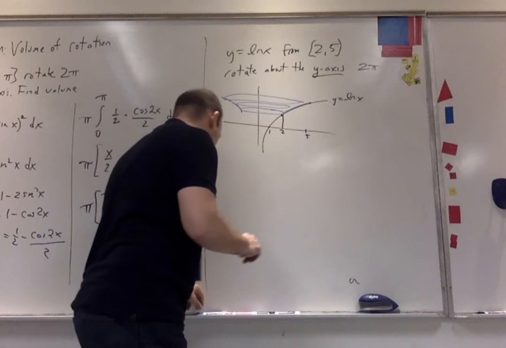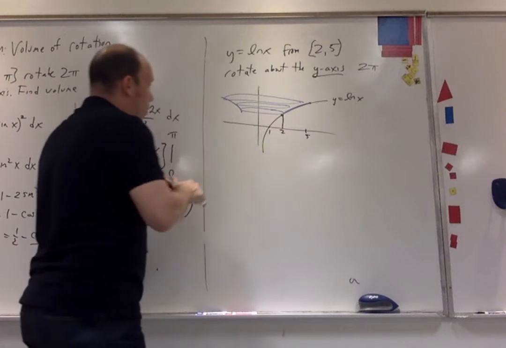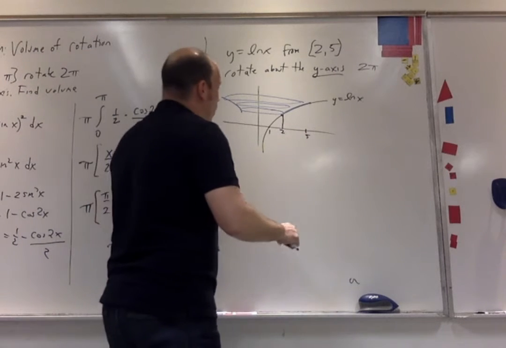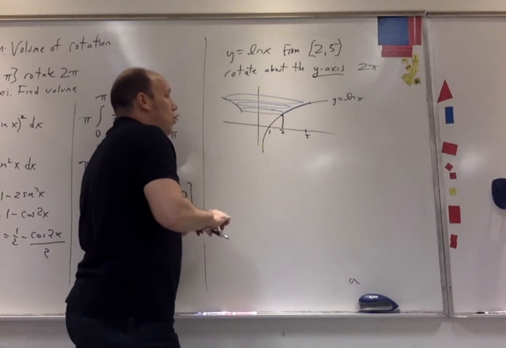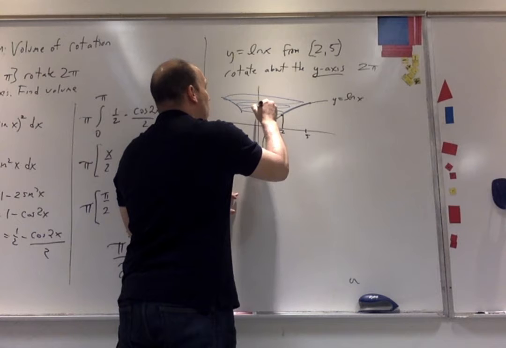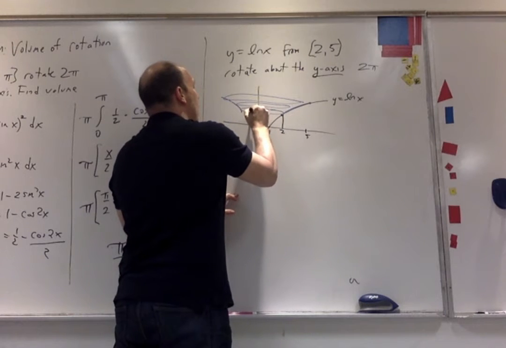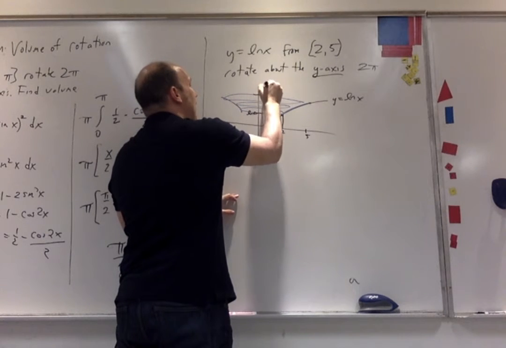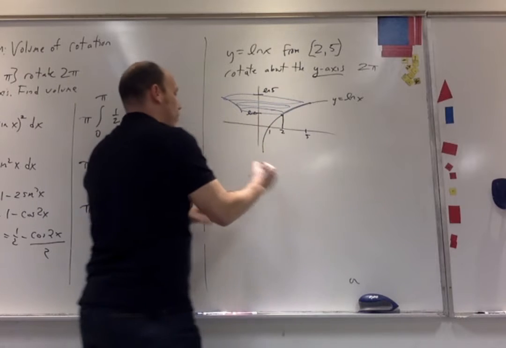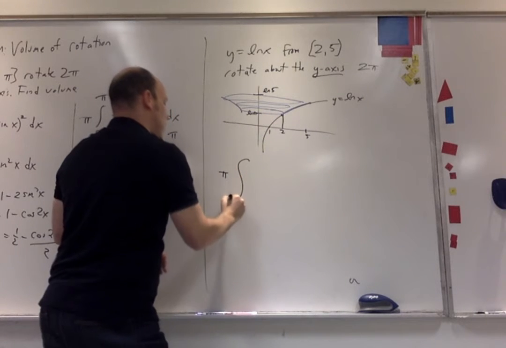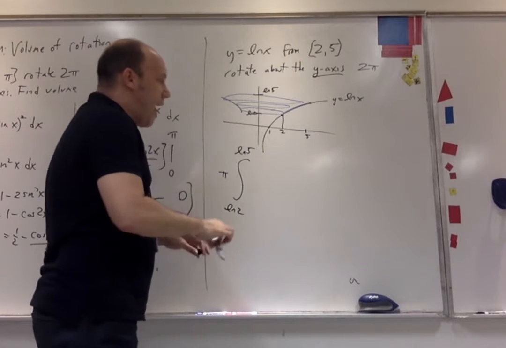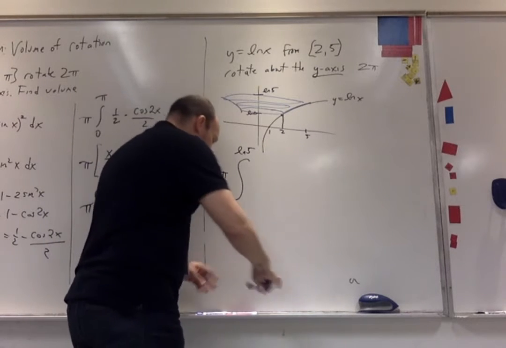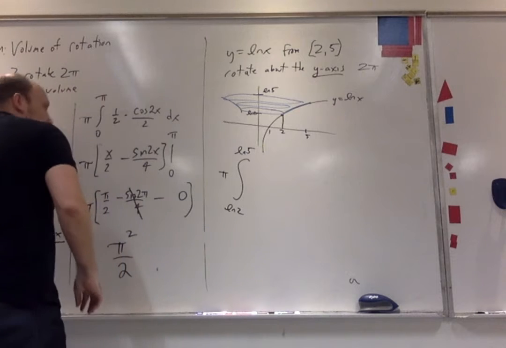So first of all, I need to know where my pancakes start, and I need to know where my pancakes end. Well, my pancakes start at ln of 2, and they end at ln of 5. Okay. Next, I need to know what my radius is.